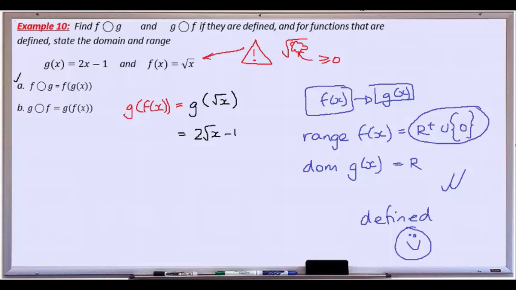So therefore, g of f of x is 2 root x minus 1. Our domain, because of this x, will obviously be 0 and positive numbers. So therefore, my domain I can write here is x, such that x is an element of 0 to infinity. And that's fine.